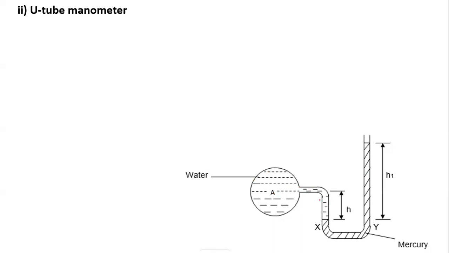This is the liquid from the pipe. On the other side, you have the liquid in the manometer. It's mercury this time. It can be another liquid another time. But what we have is a different liquid on this other side. So you have the right-hand side of the column and the left-hand side of your manometer.